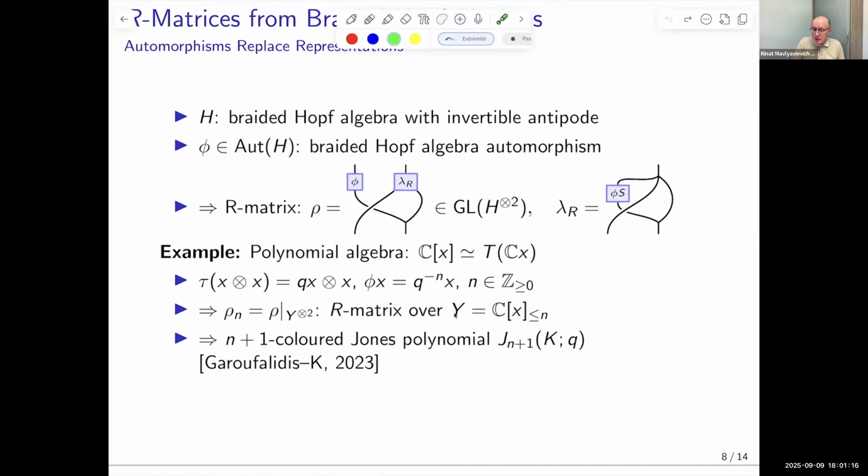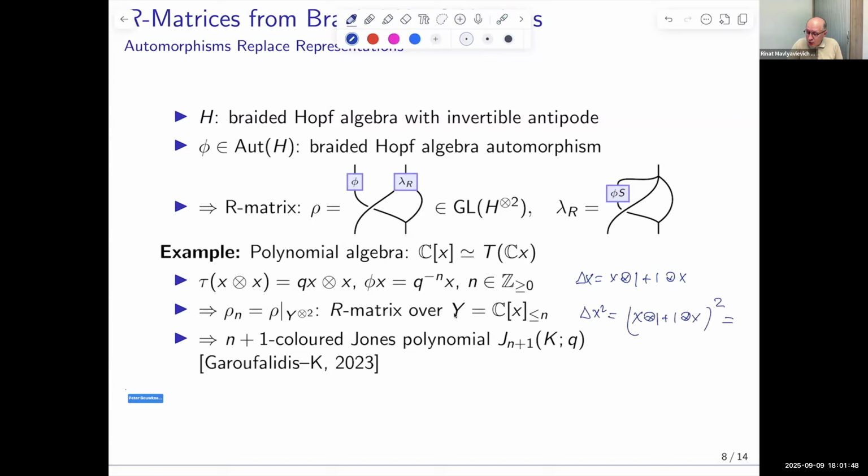You just take x to the m, x to the n, and go step by step. x is a primitive element, so its coproduct is delta of x equals x tensor 1 plus 1 tensor x, and then you calculate delta of x squared, the square of the coproduct of x.